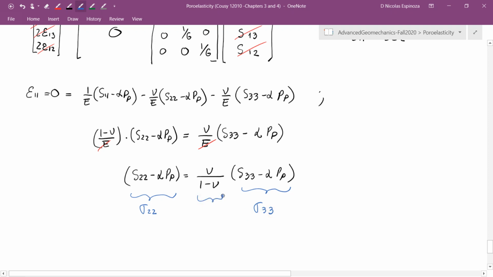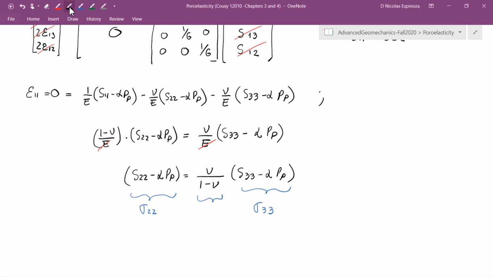And what is in here is the horizontal stress, effective horizontal stress coefficient, Poisson ratio divided by 1 minus Poisson ratio. And we already knew this equation, but now we're going to write it a little bit differently so we can see how we can write the total stress as a function of pore pressure and the overburden.